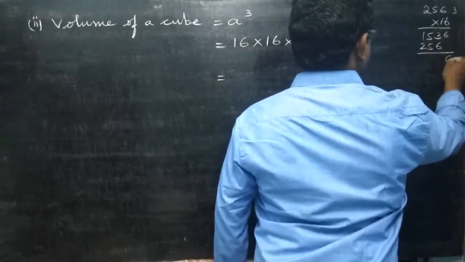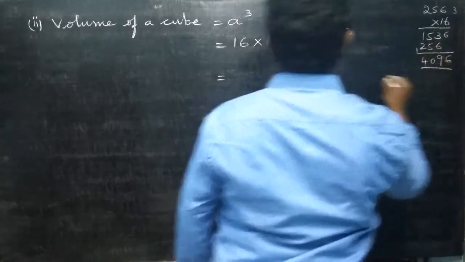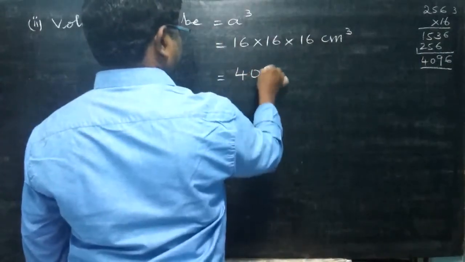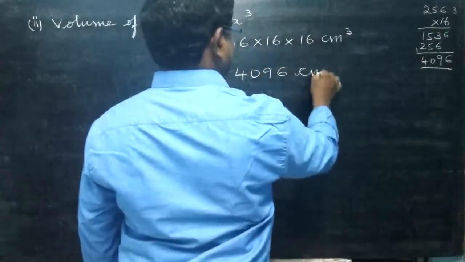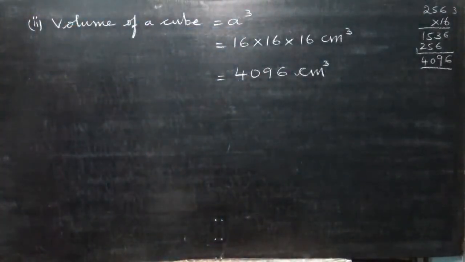One more. 6 9s are 54, 1. How much we got? 4096 centimeter cube.